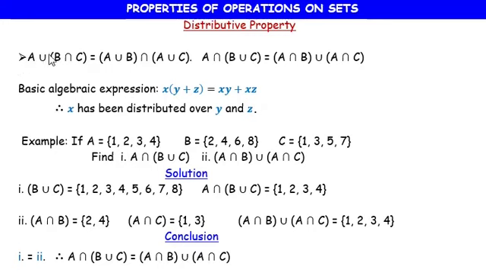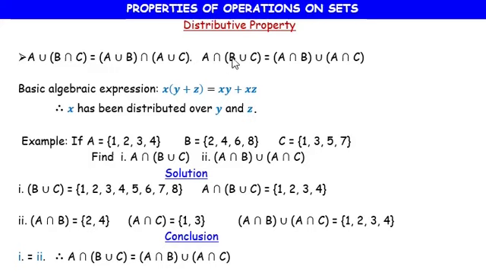Here too, the operation separating the A from the bracket is the union, and that is the same operation we are going to use to pair the A with the elements in the bracket. So you're going to have A union B and then A union C. Then we use the intersection that was separating the B and C in the bracket to separate the two pairs. Alright, so that is what the distributive property talks about, right?